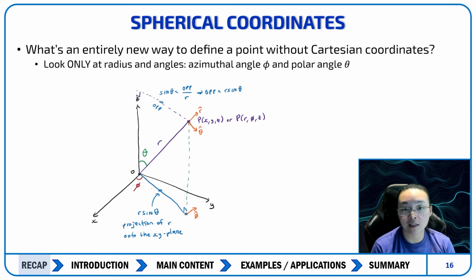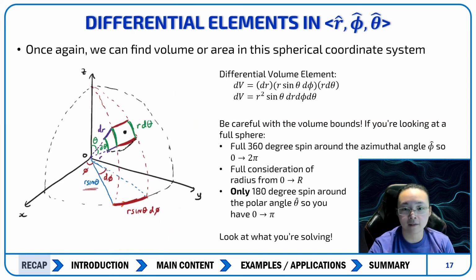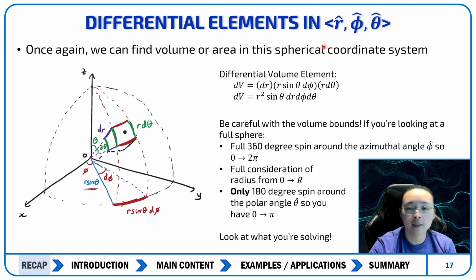Next, we now have to take a look at how to create that 3D volumetric differential element. So, differential elements in spherical coordinates, we can find volume or area once again, but I just want to focus on volume over here.